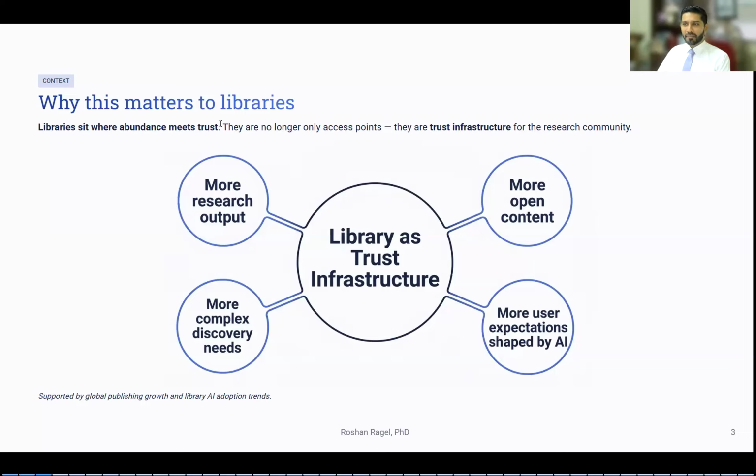Right? So there are different types of data that are giving us the reason for going forward: more research data, more open content. And also, because of things like generative AI, the users expect a better outcome of complex discoveries. They want things to be connected soon.